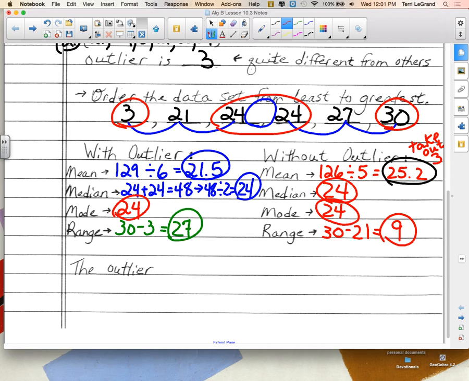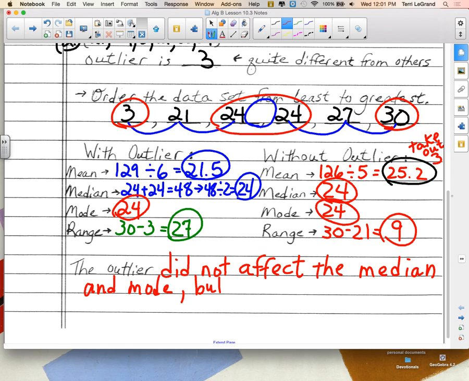So what do you think we can say? The outlier did not affect what? The median and mode. Let's get that much caught up before we start talking about what did it and how did it affect it.